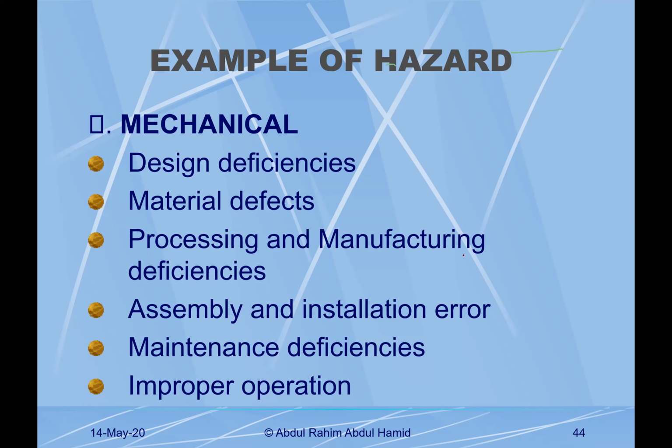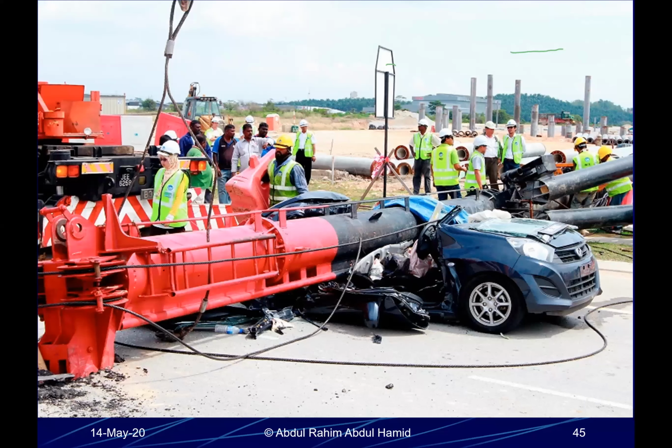And then mechanical hazard with regard to material defect, design deficiency, assembly error, or the installation collapse. See, this is an example. This is a piling frame collapsing on a moving car.